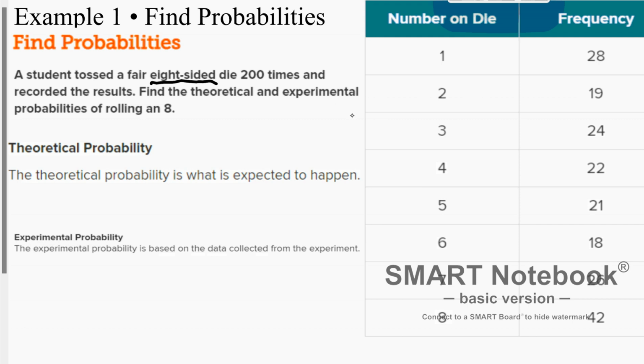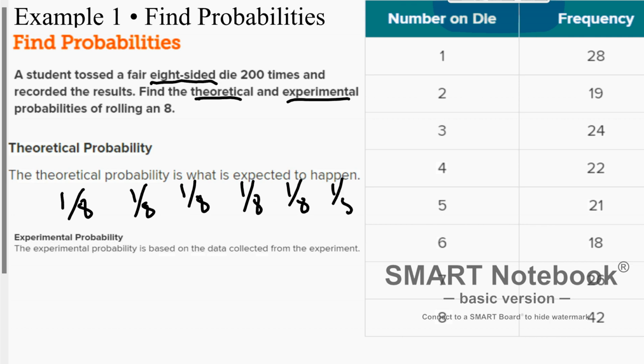So if I actually do it, is it theoretical or is it experimental? Theoretical probability is what's expected to happen. So I'm expected with an 8-sided dice that I would get a 1 out of 8 for a 1, a 1 out of 8 for a 2, a 1 out of 8 for a 3, and so on, right? For each number, I'd get 1 out of 8.